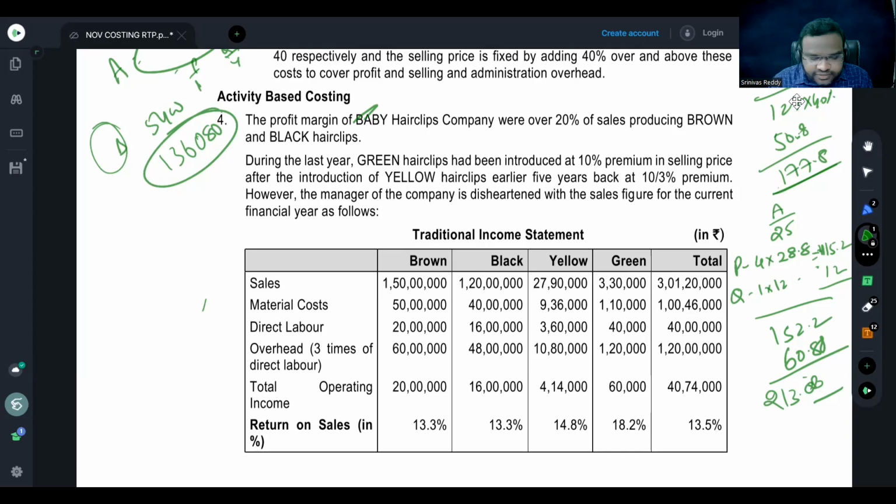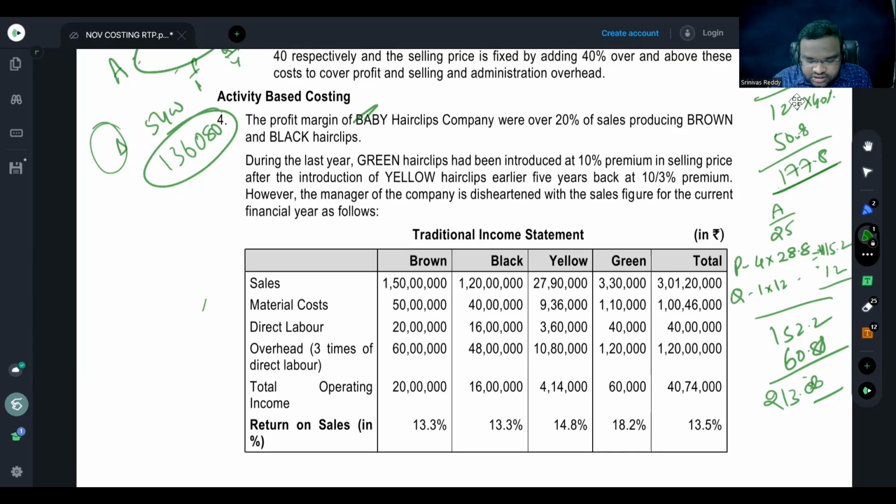The profit margin of baby hair clips company was over 20% of sales, producing brown and black hair clips. So that is a 20% margin.